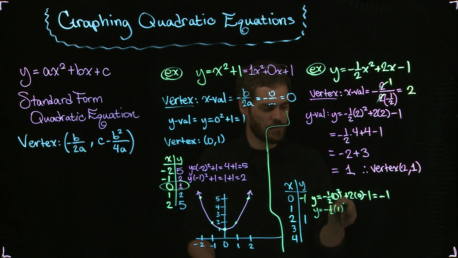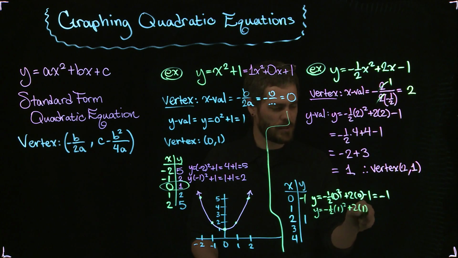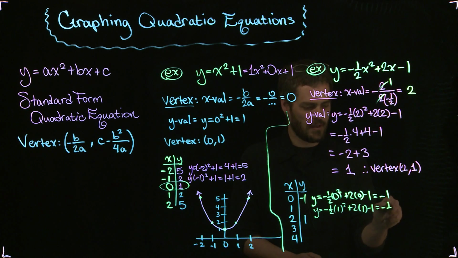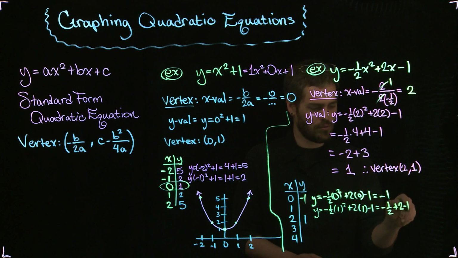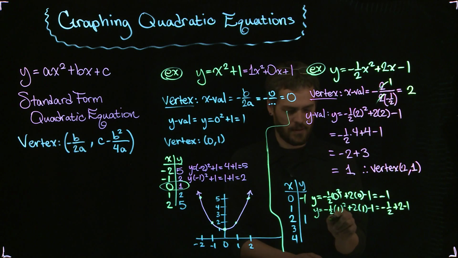Negative 1/2 times 1 squared plus 2 times 1 minus 1 equals negative 1/2. 1 squared is 1 multiplied by that. There's my negative half. Plus 2 minus 1. And since I have some space, I don't need to calculate that one. I'll just go here. This is negative 1/2 plus 1 is 1/2.